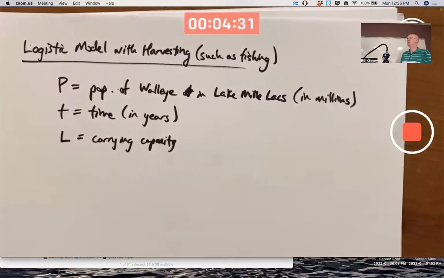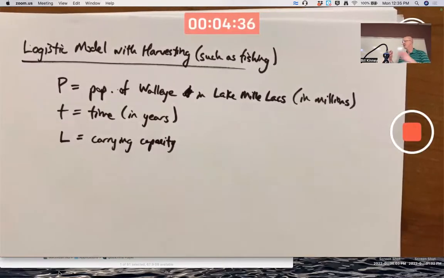If the population is bigger than L, then it's overcrowded. Now, that doesn't mean there's fish everywhere. It just means there's not enough food for the fish that are there. And so the death rate of fish would be higher than the birth rate, and the population would tend to decline if it's bigger than the carrying capacity.